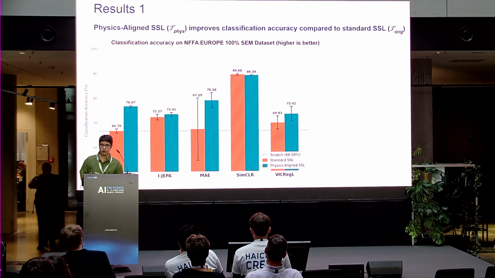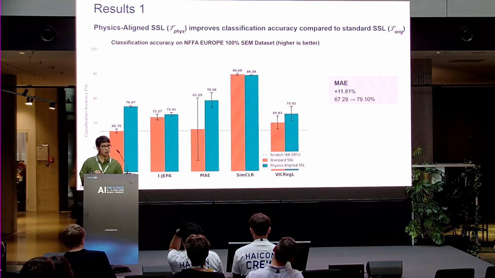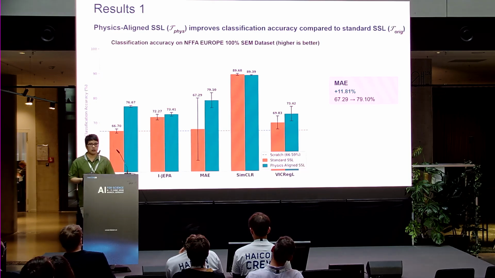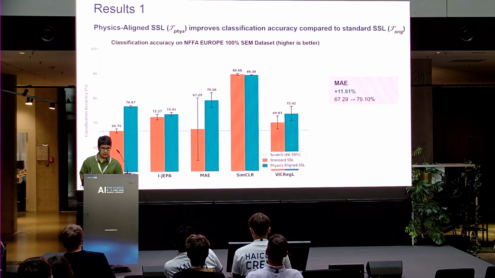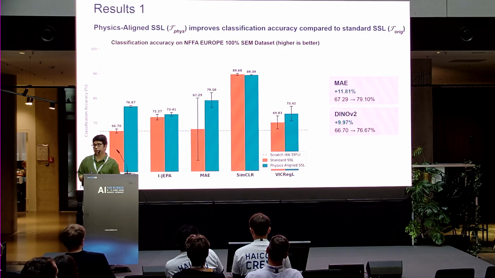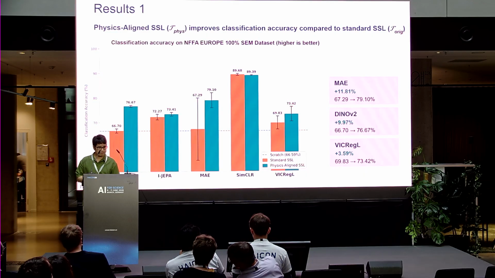And the pre-training with both augmentation methods outperforms this baseline. But you can see that if you align the augmentations physically, you get a performance boost of 12% on masked autoencoder over the standard augmentation techniques. For DINOv2, the performance boost is about 10%, and it's around 4% for the redundancy reduction-based methods.